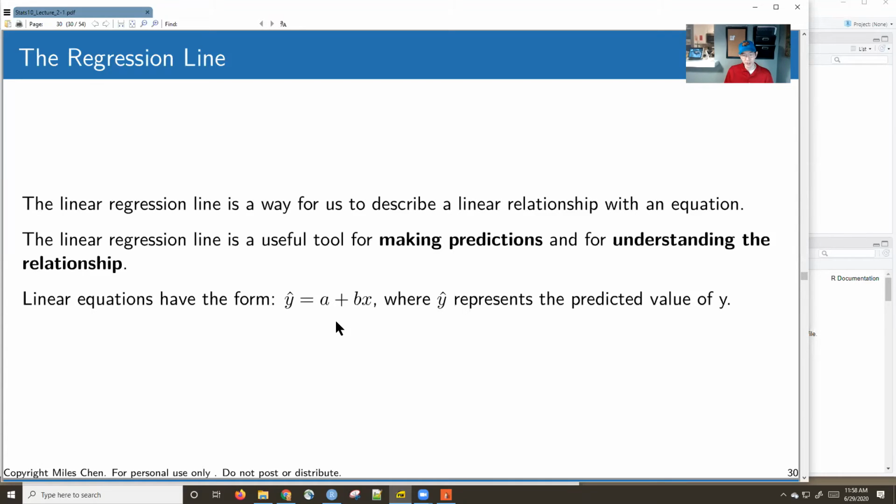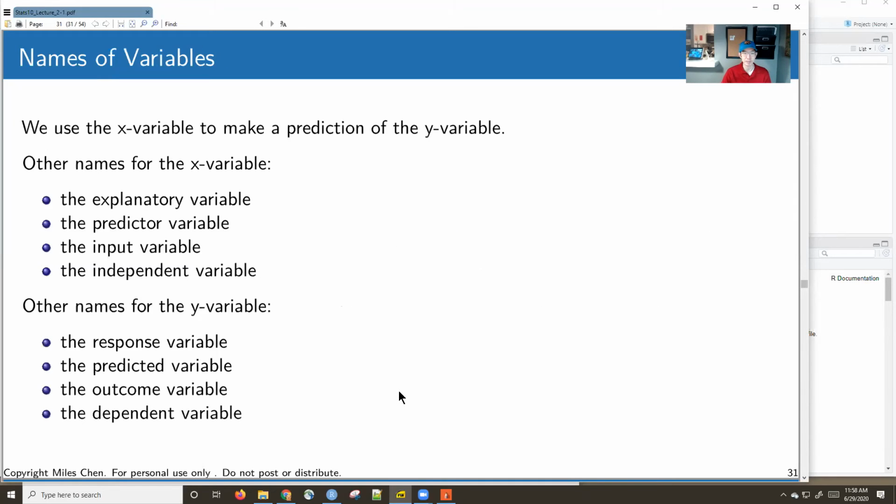But as far as this class goes, we're just going to look at the simplest form, simple linear regression, where we just have a straight line. It's a very flexible framework, but its primary uses are making predictions and understanding the relationship. So we'll take a look at that.